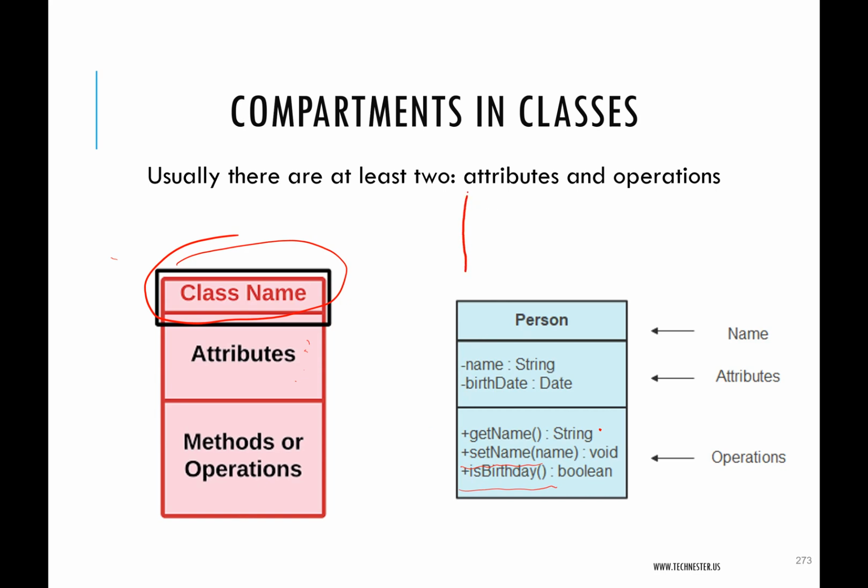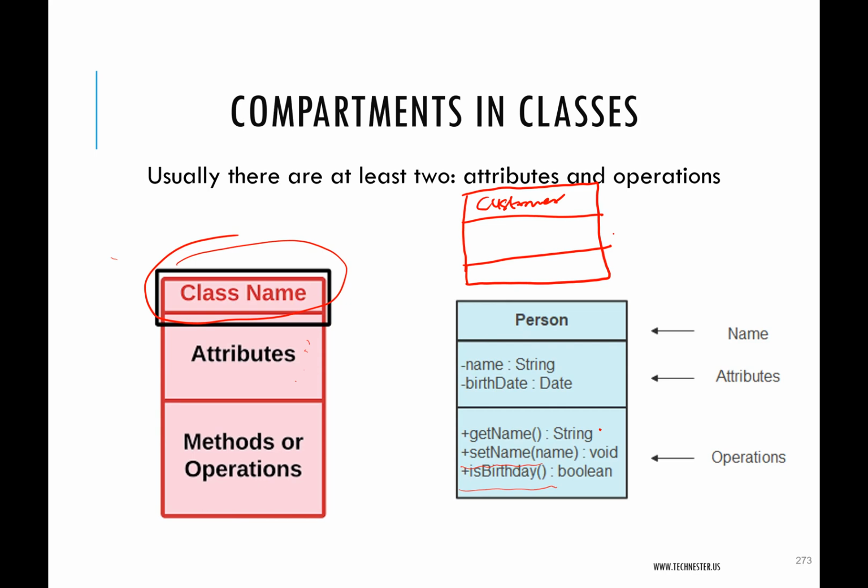If we're doing a class for customer, so we did customer in our use cases, right? So the class name will be customer. What are the attributes of customer? Anyone? Who can tell me the attributes of a customer?